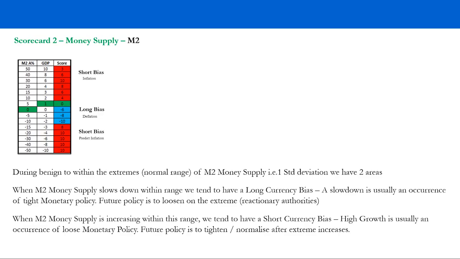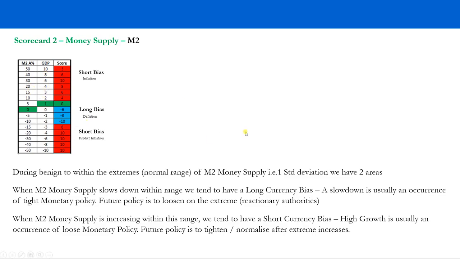So when we're looking at M2 weekly annualized money supply increasing, we tend to have a short currency bias. Within the normal bounds here, a short currency bias because higher growth is usually the occurrence of loose monetary policy. And as you can see, we have our GDP scale here.